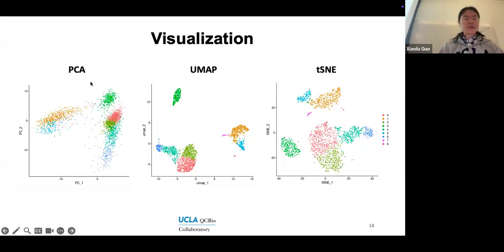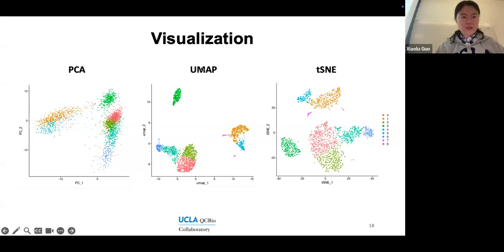But keeping in mind, PCA is a projection, from high dimension into low dimension. So in the high dimension, cells might have a very high distance, and after projection they might overlap because it's a lower dimension representation. However, it's a linear transformation, so that best preserves the distance between cells.